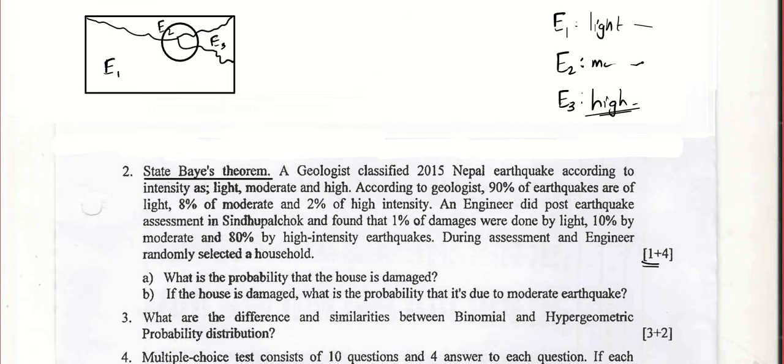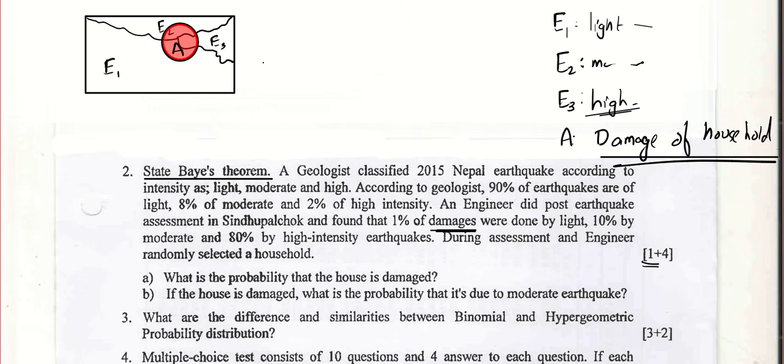If you read the question properly, you will understand that the common property of all these earthquakes is capital A. Here, capital A stands for what happens when an earthquake occurs: damages of household.